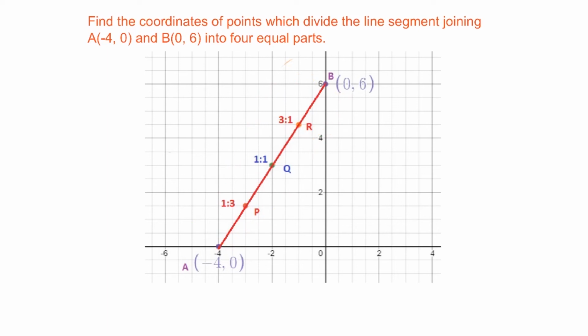So we have to find the 3 points using the section formula, which is (m x2 plus n x1) by (m plus n), comma, (m y2 plus n y1) by (m plus n).